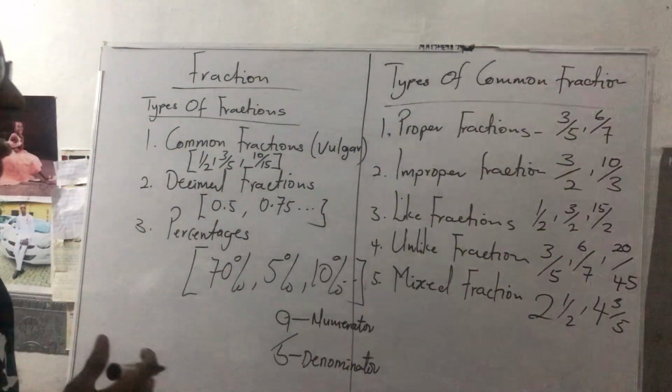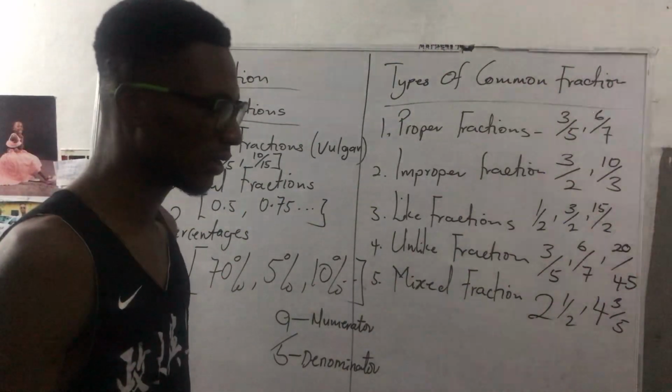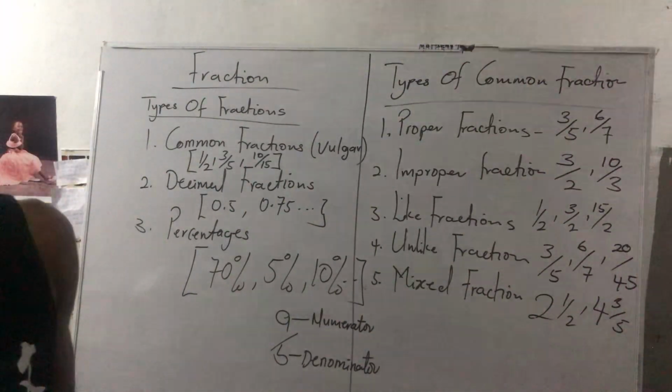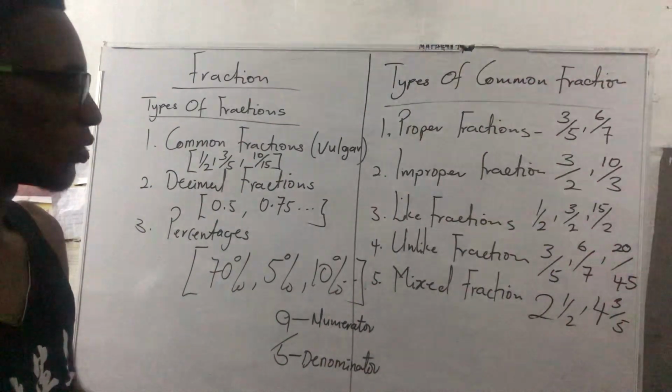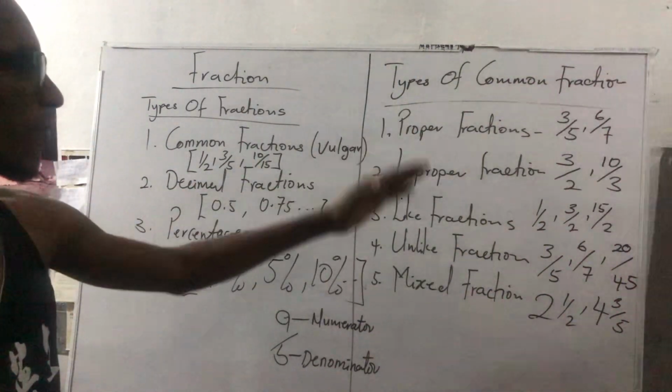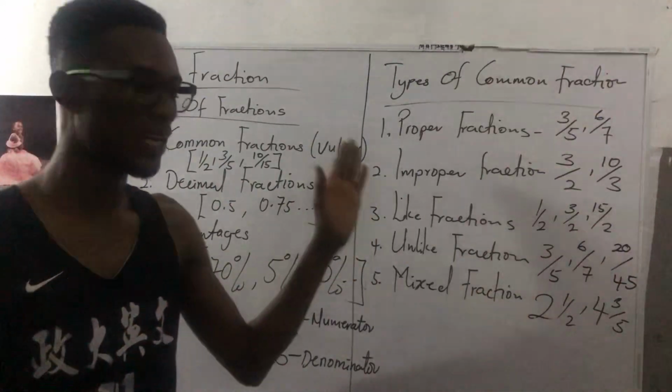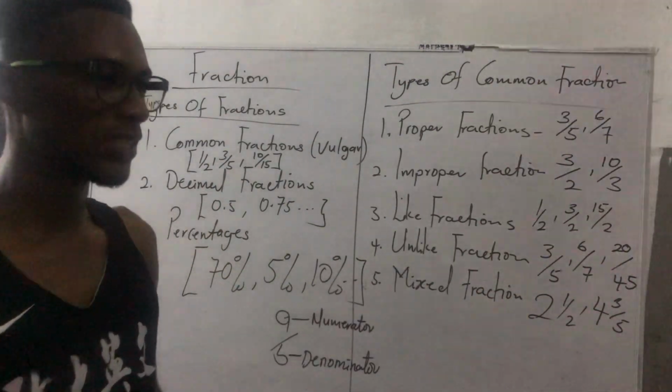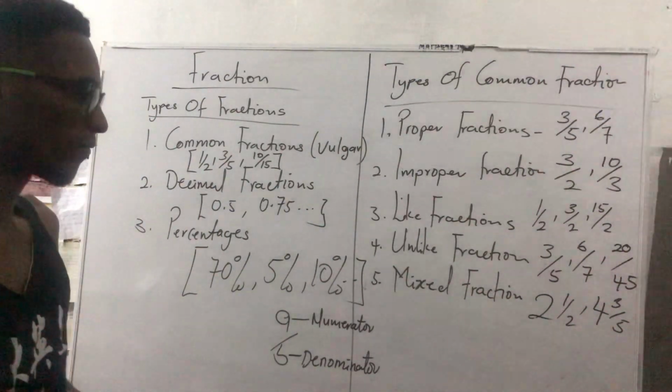So these are the types of common fractions: proper fractions, improper fractions, like fractions, unlike fractions, and mixed fractions.